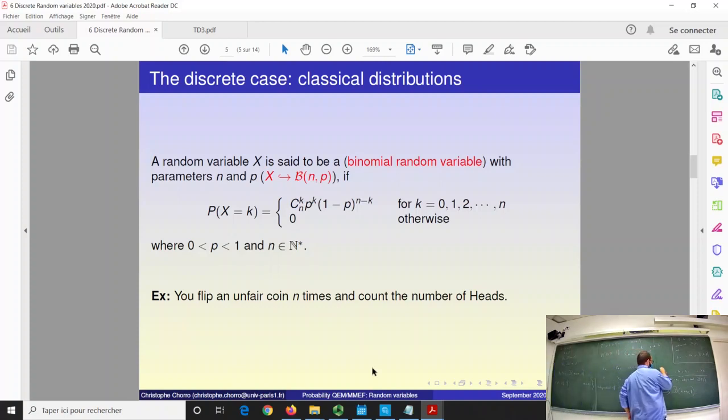I can do the sum of the first n1 terms, and then the sum of the others. For the first n1 terms, I have the sum of n1 independent Bernoulli of parameter p, so something that follows a binomial (n1, p). The same for the other, a binomial (n2, p), and they are independent.